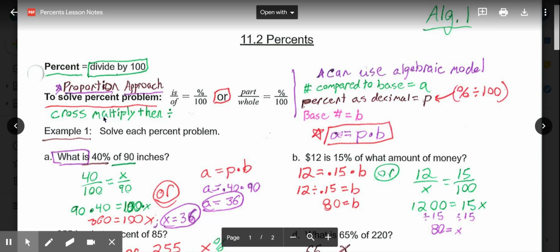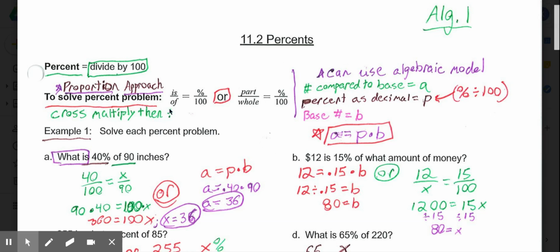What they mean by is over of, you'll see in our examples. Certain keywords will tell us where the variable goes and where the numbers go. Once we've set up the proportion, our approach is just cross multiply, then divide to solve.